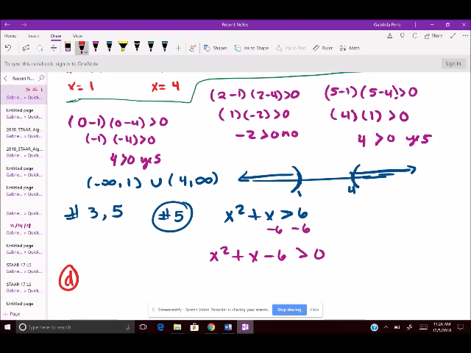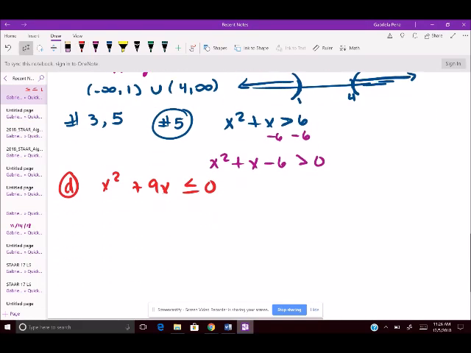For example D, you're going to get something like this: x squared plus 9x is less than or equal to 0. Parentheses or brackets? Brackets. So keep that in mind when you're doing your work. Can I factor something out here? Yes, an x. So this becomes x times (x plus 9) is less than or equal to 0.